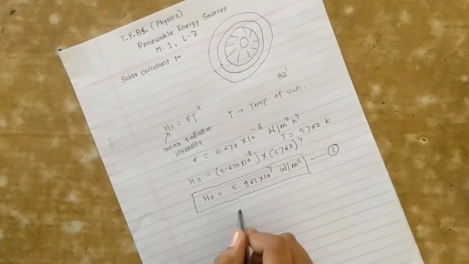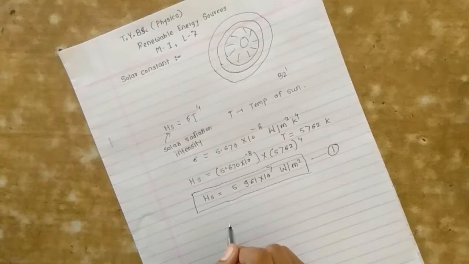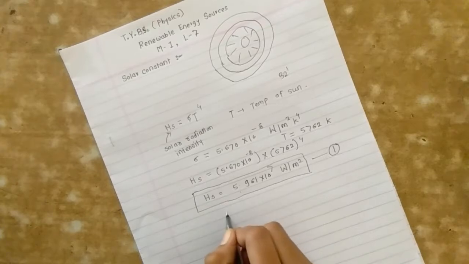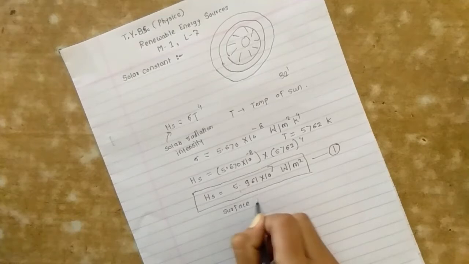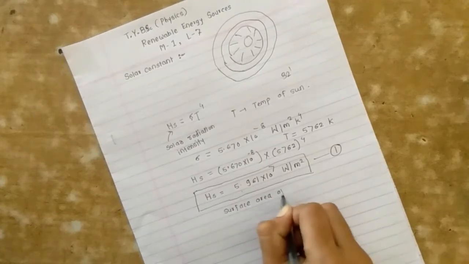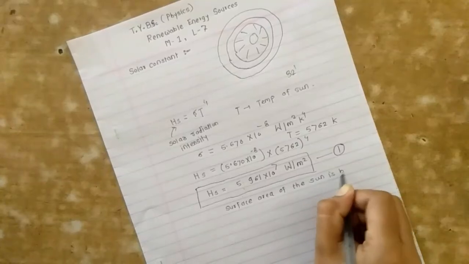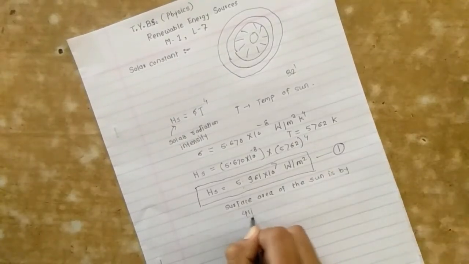So we will get the total radiant power emitted by the sun. The surface area of the sun is given by 4 pi r square, because we consider the sun as a spherical body.